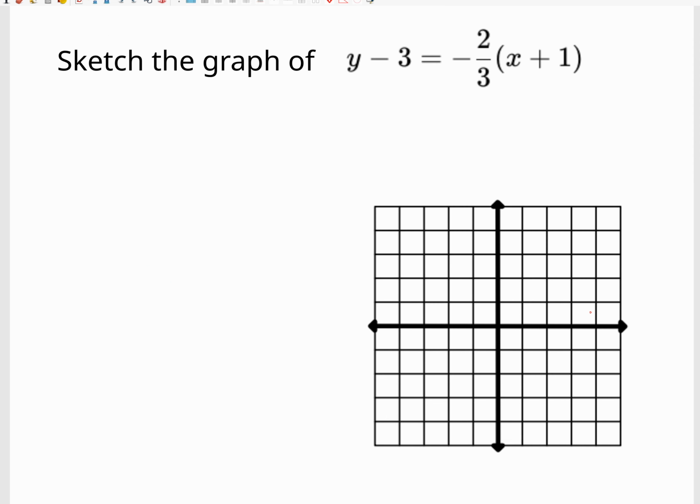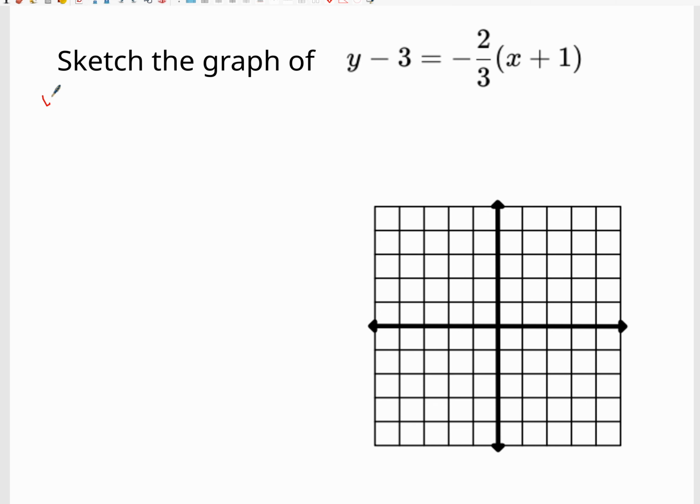Sketch the graph of this equation. Y minus 3 equals negative 2/3 times x plus 1. What can you tell me about the line that's going to end up on the graph if we have an equation written in this form? What do I know that's going to help me graph it? I know an ordered pair, right?